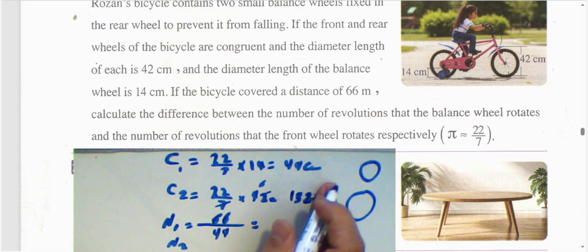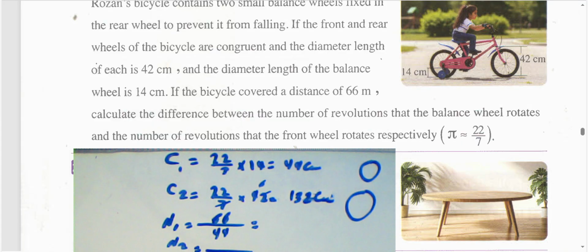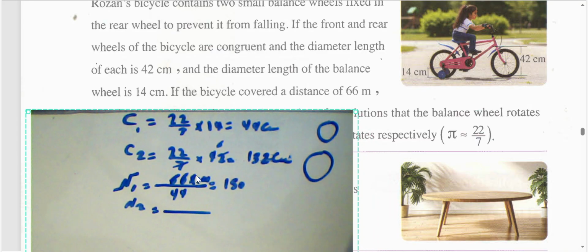Number of rotations 1, and number of rotations 2. Also we can write 66 meter product by 100 and then divided by 44. You can use a calculator to find the answer. The result will be 150. It's the number of rotations.